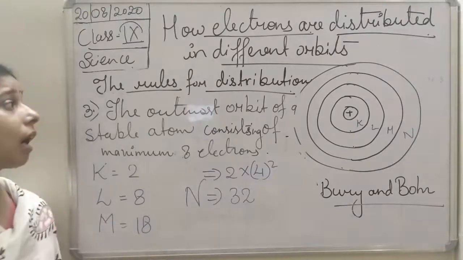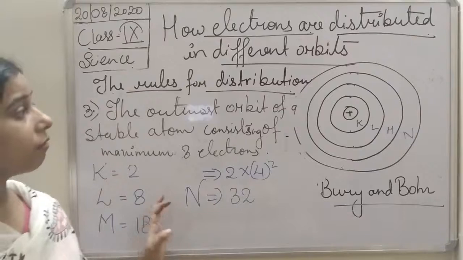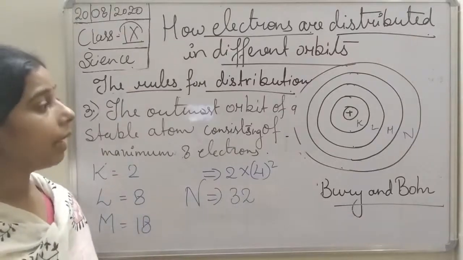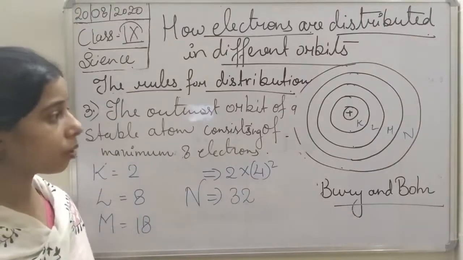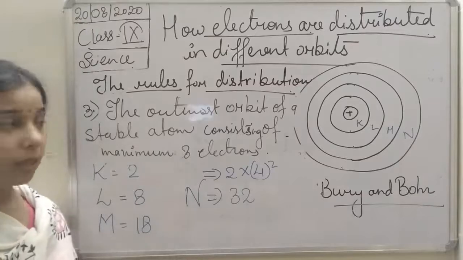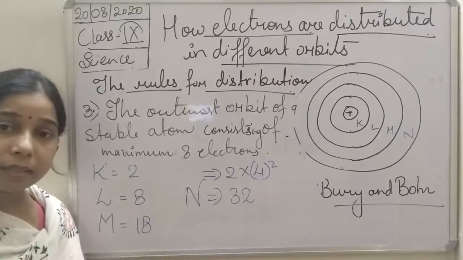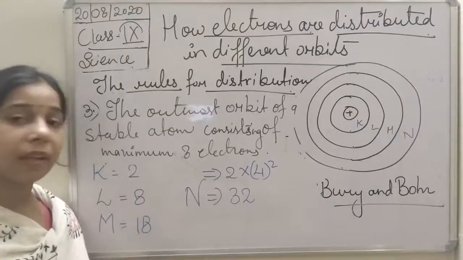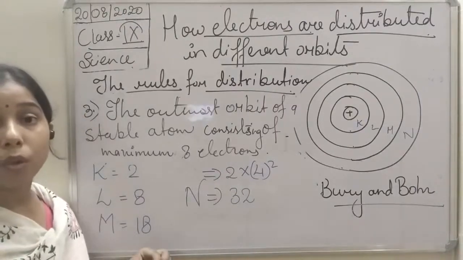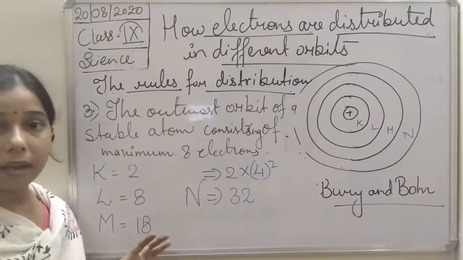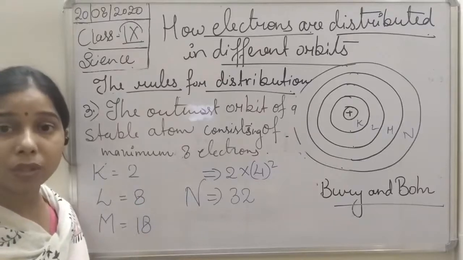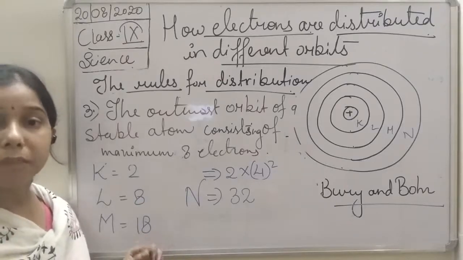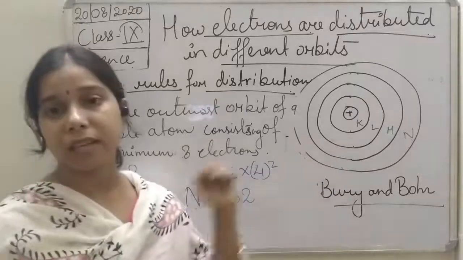Okay, so these are the different rules for the distribution of electrons in the energy shells. Now you see here, the first one, students: an electron always enters the lowest energy shell. The energy shell which is near the nucleus has the minimum energy, like the K shell, students.